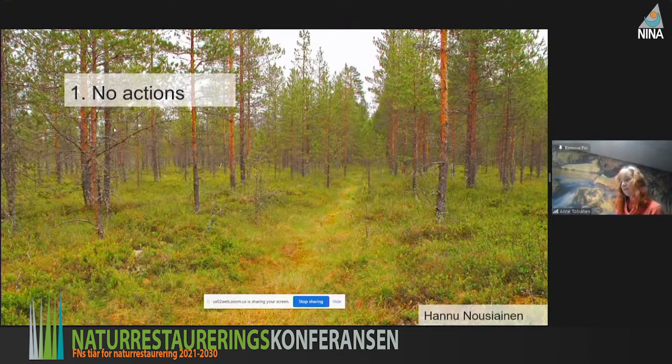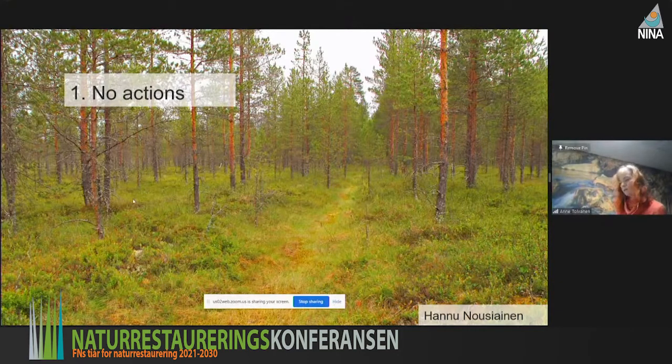It's not very productive. There are old drainage ditches. Sometimes they are blocking themselves. Sometimes they remain open for decades and the water runs out. So it depends on the case. This doesn't look pristine, but it doesn't look productive either. So this is their present stage.